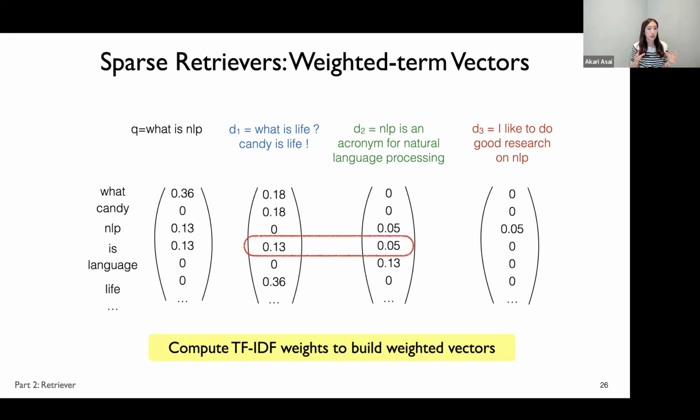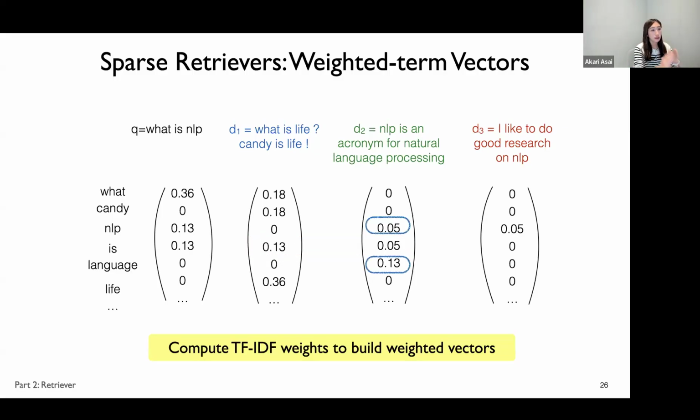Note that as we consider both TF and IDF scores, even the same term can get different weights across documents because the TF score changes. For "is", we get 0.13 in D1, but we only get like 0.05 in D2.